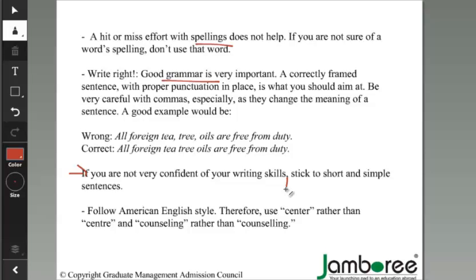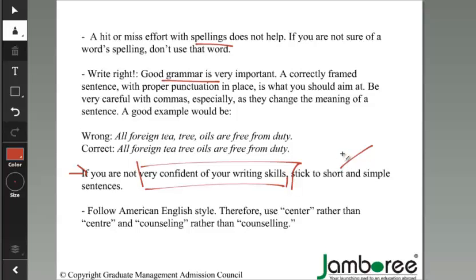The longer a sentence becomes, you'll be using commas, and your parallel construction may be wrong, so there can be many errors. So if you are not very confident of your writing skills, stick to short sentences. If you are, then great, way to go. If your writing skills are at a higher level, you may get some extra points, but it's not worth trying now.